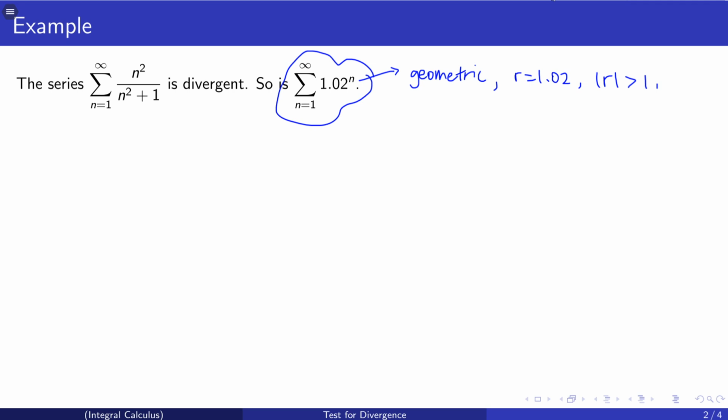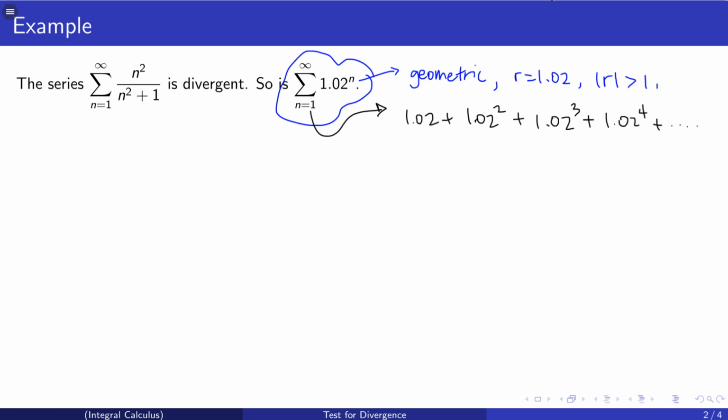One easy way to understand why that diverges is just to remember what we're doing here. This means let's add up all these terms: 1.02, 1.02 squared, 1.02 cubed, 1.02 to the fourth power, and so on. Right?